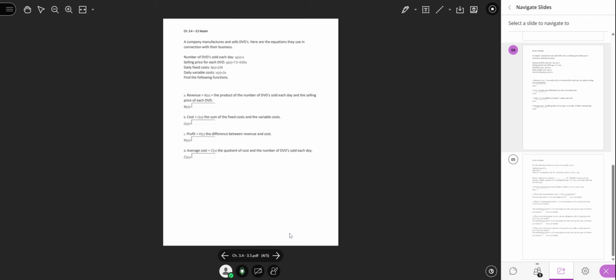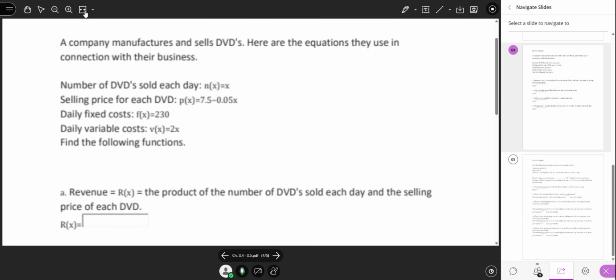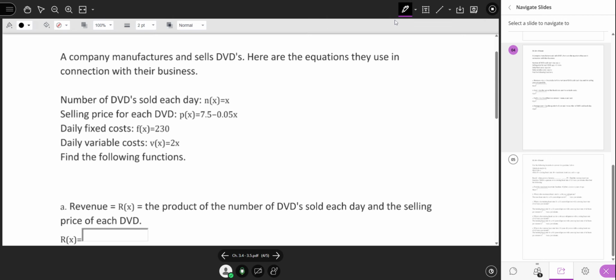Now, on this page, believe it or not, it looks really, really scary because there's a whole lot of words and a whole lot of equations. But it really ain't all that. Okay? I promise, it really isn't that bad.